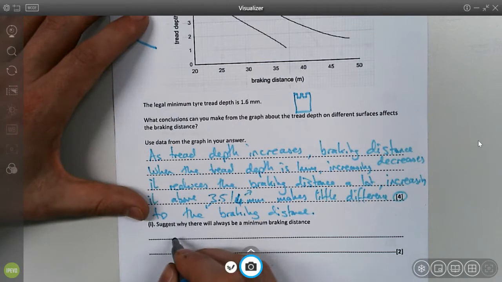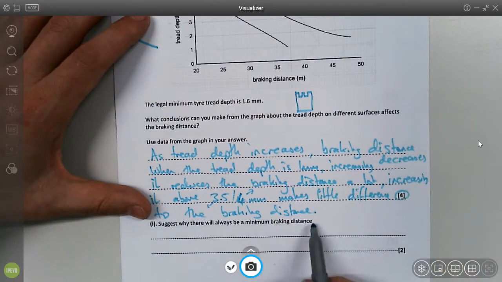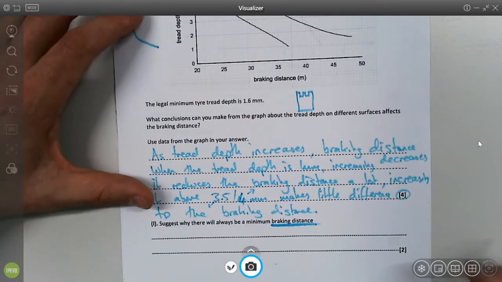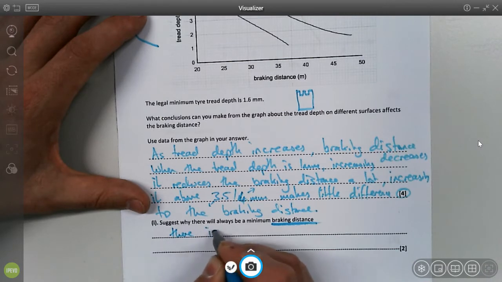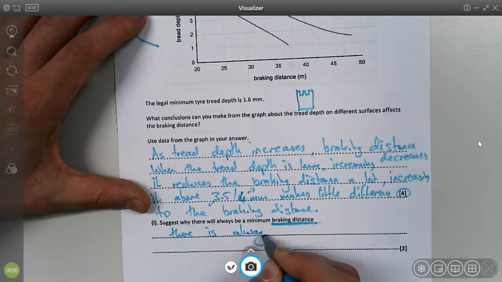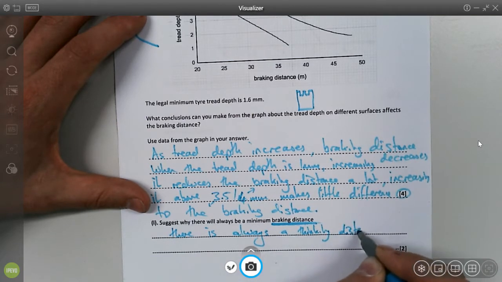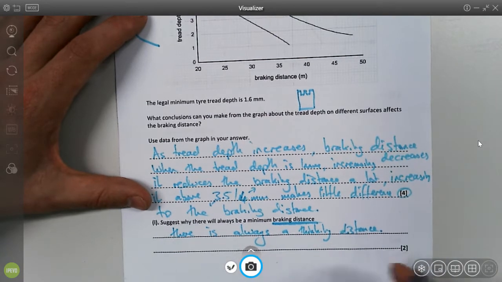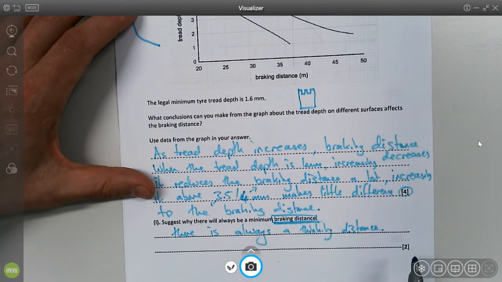So what is going to prevent the braking distance from going to 0? Well, potentially we could write there is always a thinking distance. That may be relevant, although usually we say stopping distance is braking distance plus thinking distance. So I am not sure if this actually refers to thinking distance.